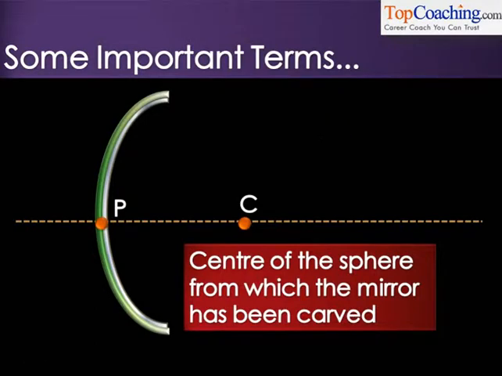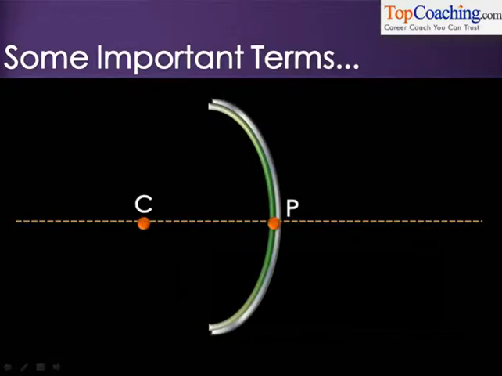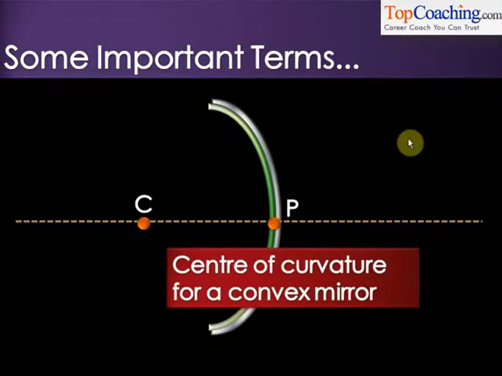As you can see, this is the center of curvature of a concave mirror. This is a concave mirror because its reflecting surface curves inwards, isn't it? So the center of curvature of a concave mirror is in the direction of the reflecting surface. On the other hand, if you take a convex mirror, this is a convex mirror. The center of curvature is on the opposite side of the reflecting surface in the case of a convex mirror, isn't it?